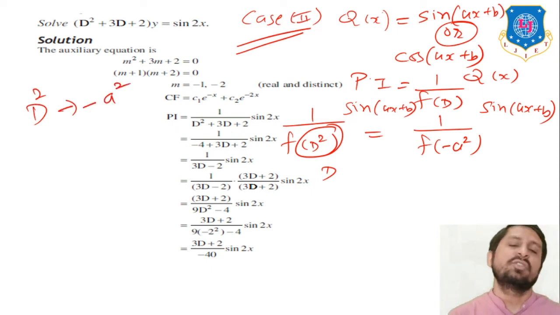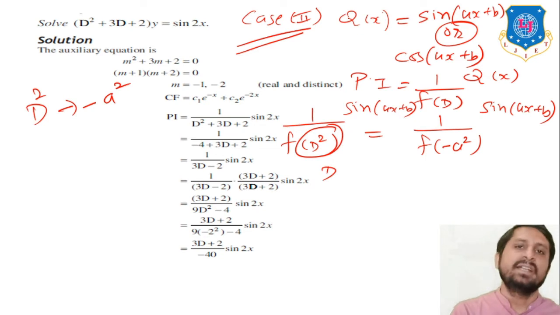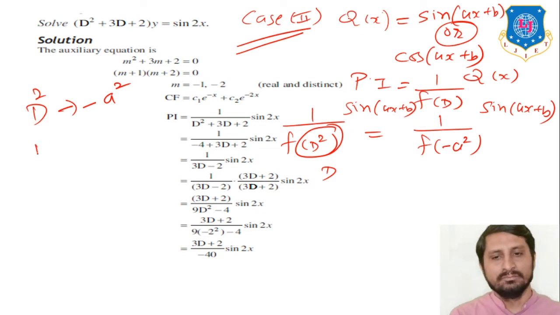So this value is always negative, or 0. Because whatever your a, suppose a is equal to 1, so a square is 1, and put minus 1. So minus 1. Suppose your D is 1, then instead of D square you have to take minus 1 square, so that is minus 1.